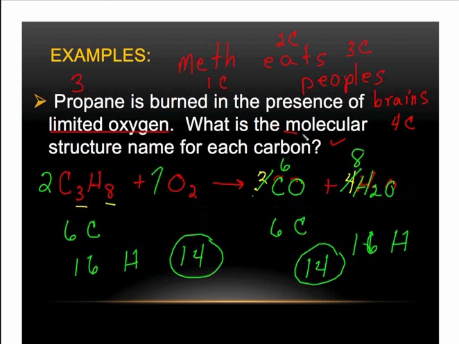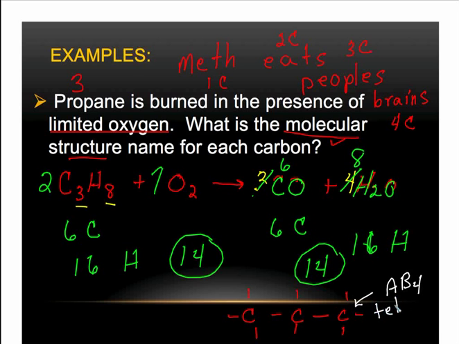Okay? Now, I realized I didn't quite finish this problem. I didn't answer the question since I'd messed up my balancing. It asks for the molecular structural name around each carbon. So I want to go ahead and do that so we can start integrating our knowledge better. Now, do you notice here that each carbon has an AB4 structure? An AB4 structure we'll be learning is tetrahedral.